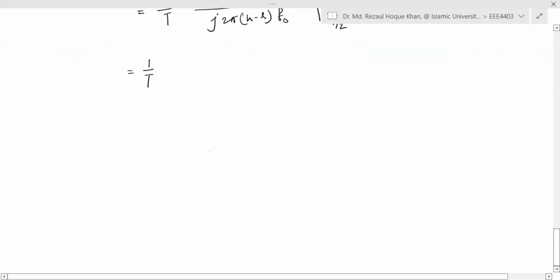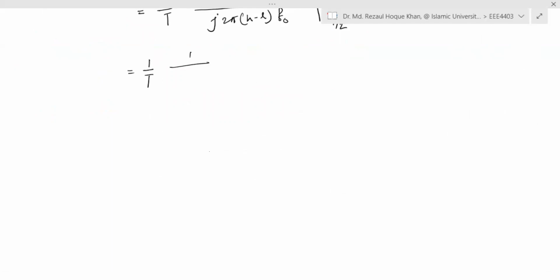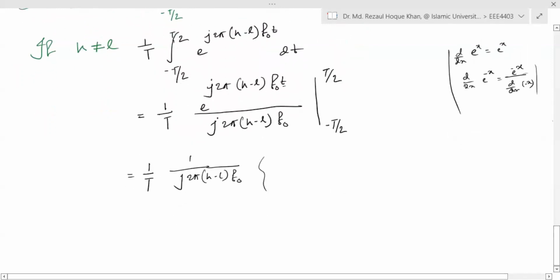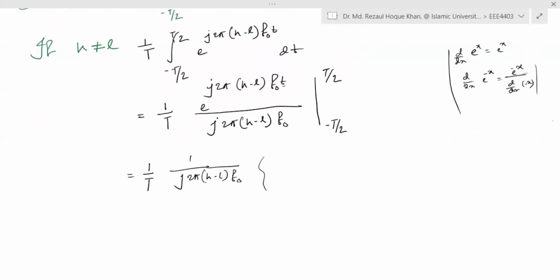Okay, so what we can write? So 1 by t, 1 by j 2 pi (k minus L) f0, and here we have e to the power j 2 pi (k minus L).